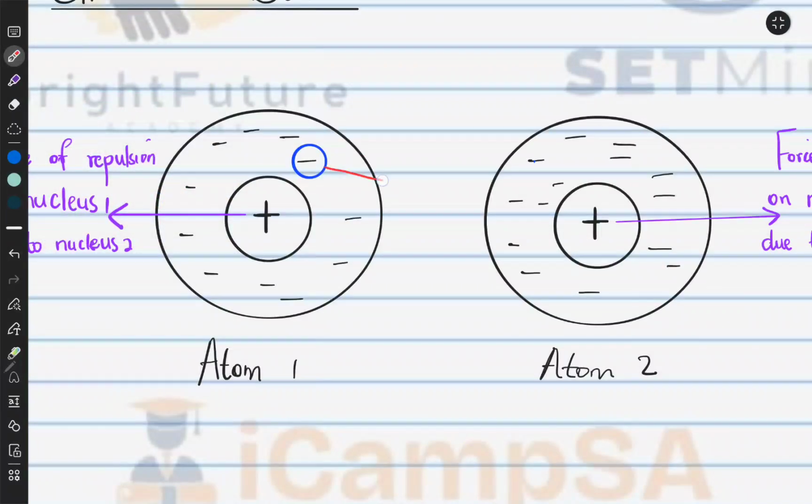So there'll be a force of attraction there, like this. Why? Because these two are unlike charges. The electron cloud surrounding atom 1 is negatively charged, and the nucleus of atom 2 is positively charged.